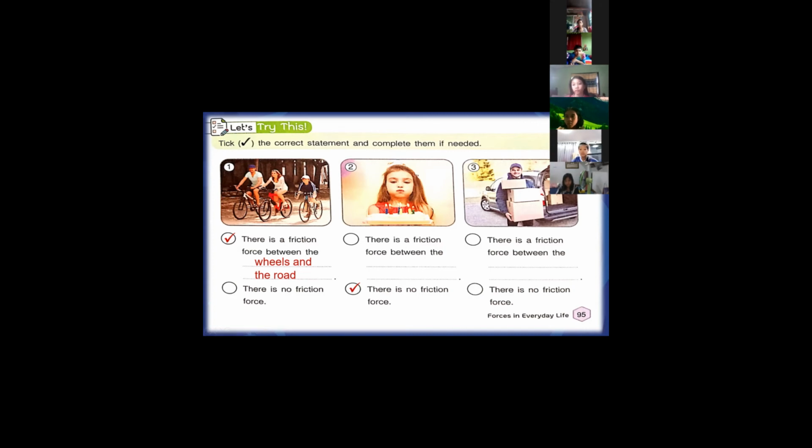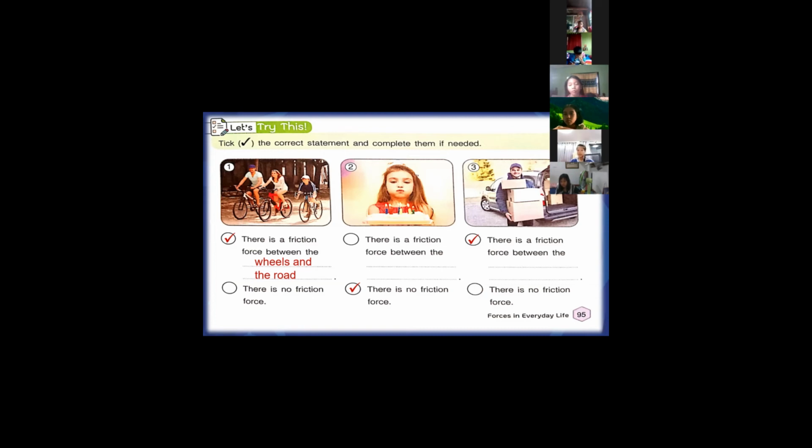He's holding the boxes using his hands. So do you think there is a friction or no friction? There is a friction. Very good. There is a friction between the hands and the box, just like my first example a while ago, my hand and the surface of the water bottle.